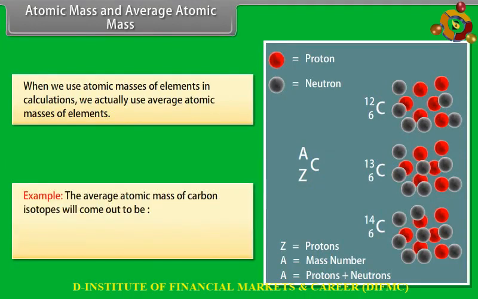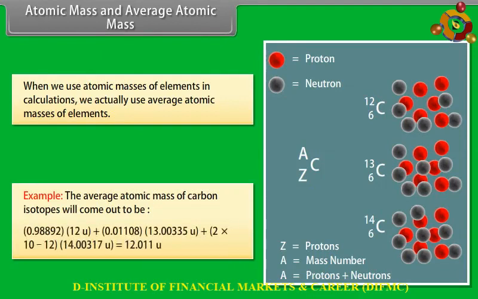Example: the average atomic mass of carbon isotopes will come out to be 0.98892 × 12 u + 0.01108 × 13.00335 u + 2 × 10^-12 × 14.00317 u, which is equal to 12.011 u.